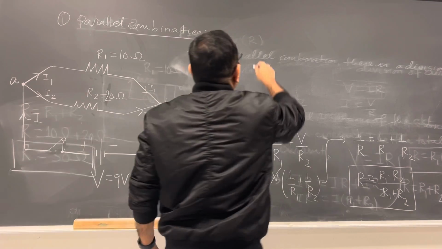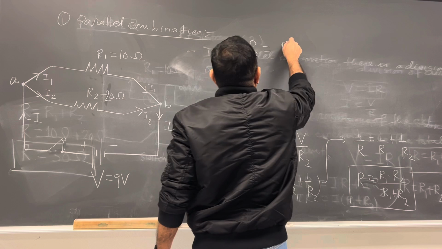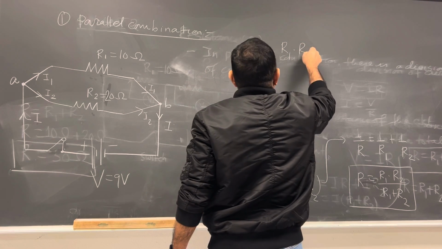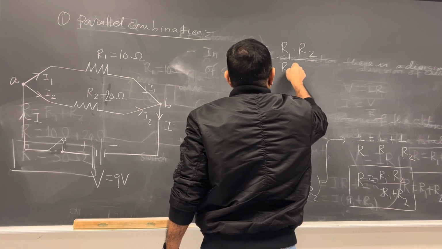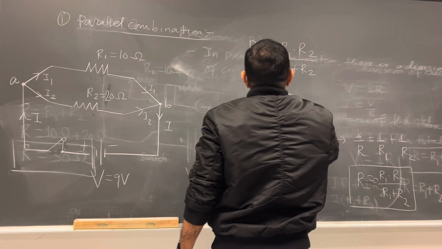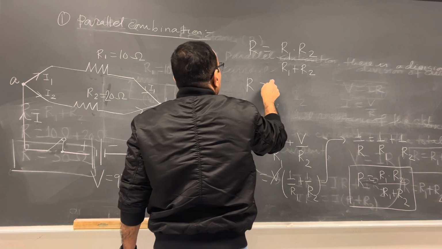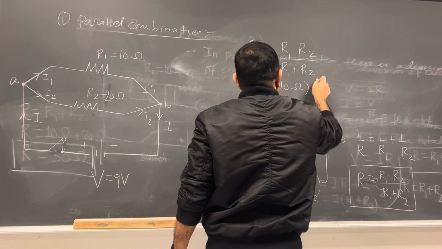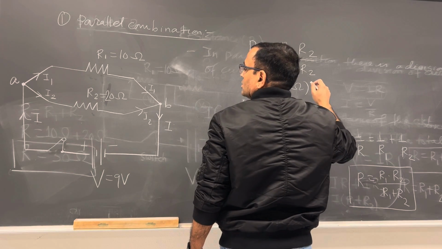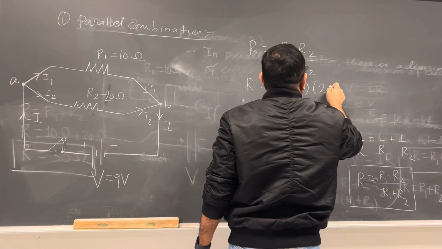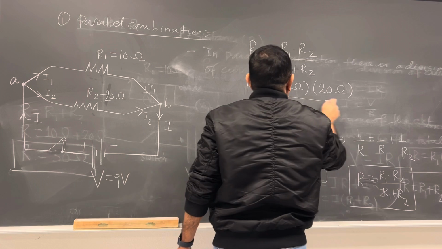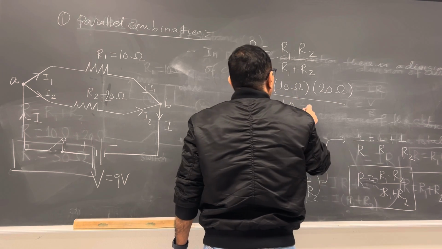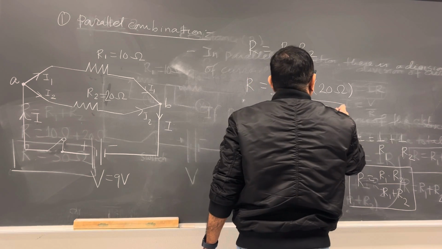Then the total resistance is R equal to R1 times R2 divided by R1 plus R2. So if you plug in the numbers, R equal to R1 is 10 ohm times R2 is 20 ohm, divided by R1 10 ohm plus R2 20 ohm.